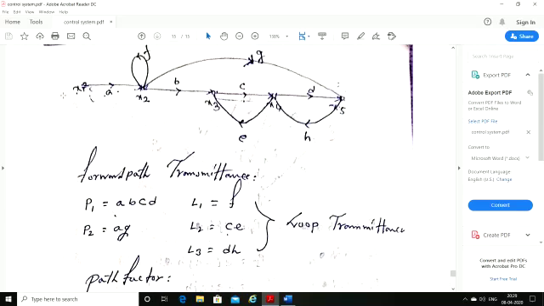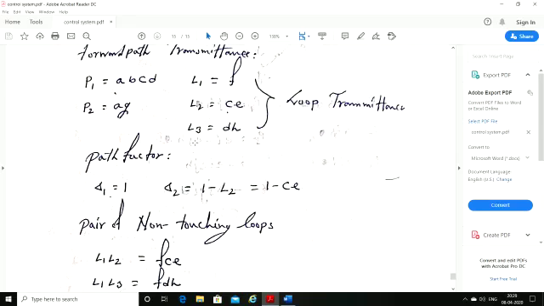For the path P2, which is AG, we can see that the loop F is touched, and DH is touched at the point x5. So we can say that loop CE is not touched by the forward path P2. So we can write del 2 equals 1 minus L2, which is CE, so 1 minus CE.